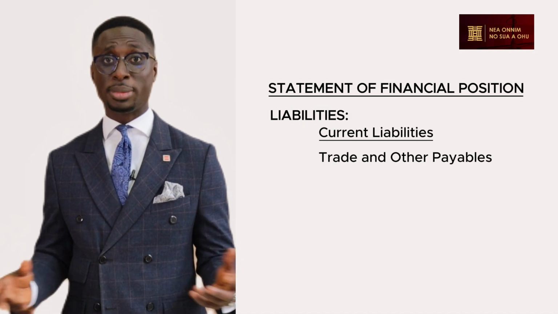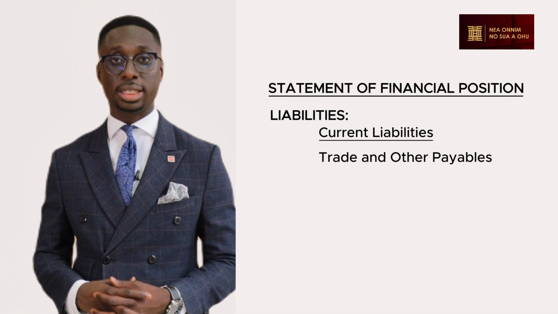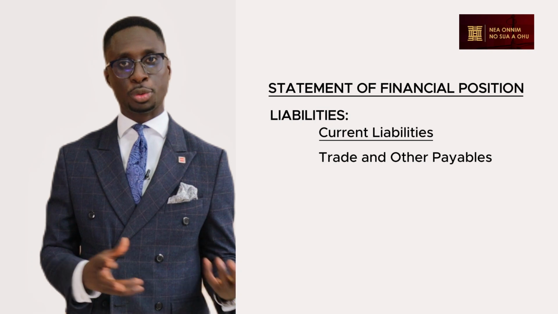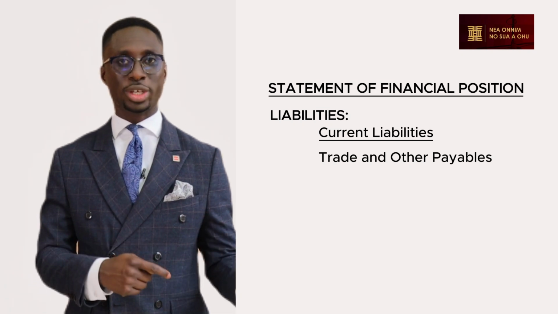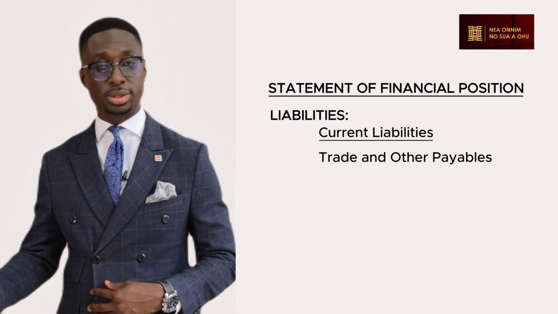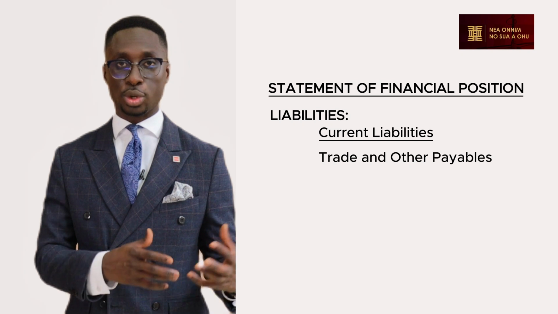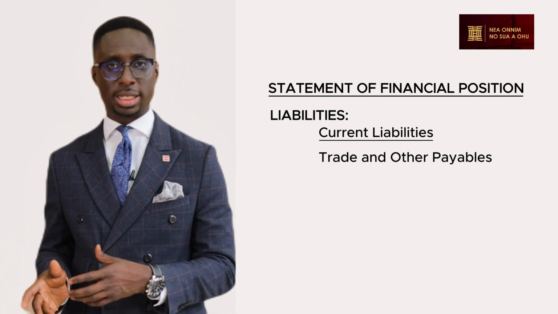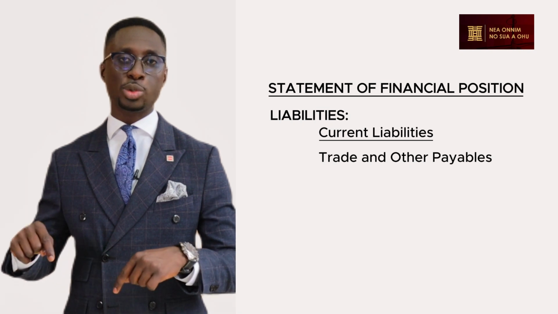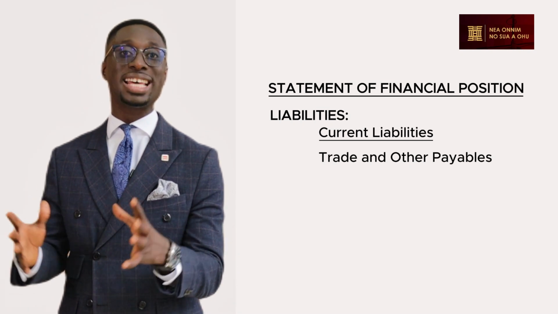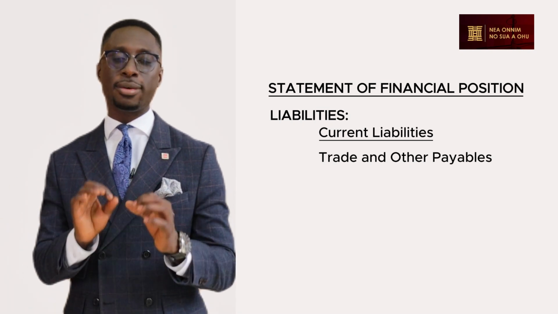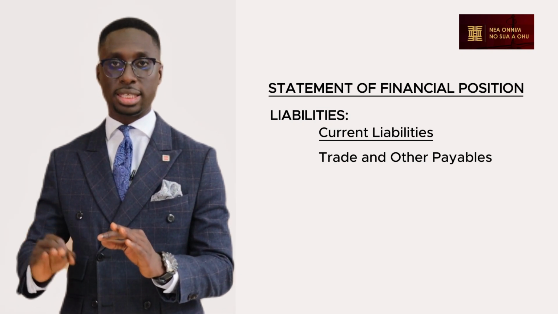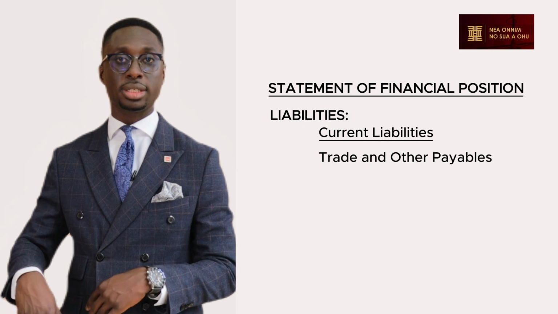So if you are also a manufacturing company, and let's say you have gone to buy raw materials as part of your production, and you have not yet paid for those raw materials, that would also be captured as part of trade and other payables. I hope that is clear. And there could be those other aspects of other payables. They may not directly be related to trade, but these are expenses incurred for which you are yet to make payments.